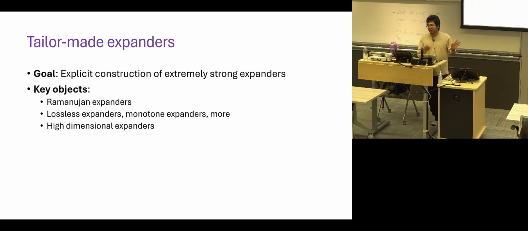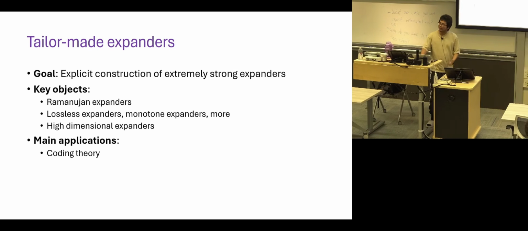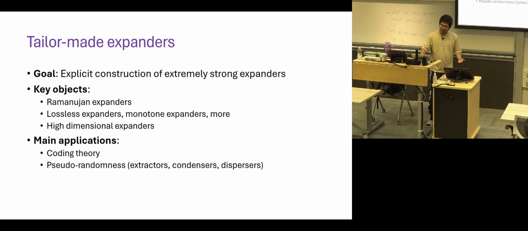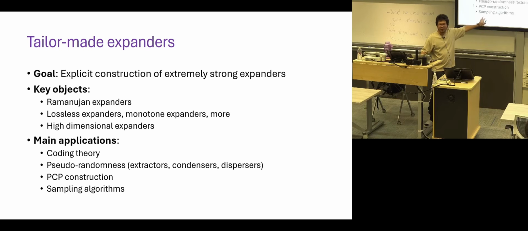Doesn't really matter what these are, but if you say these words, it's basically in this regime. It has many applications in error-correcting codes, coding theory, pseudo-randomness, PCP construction, and some sampling algorithms. But we will not really talk about this.